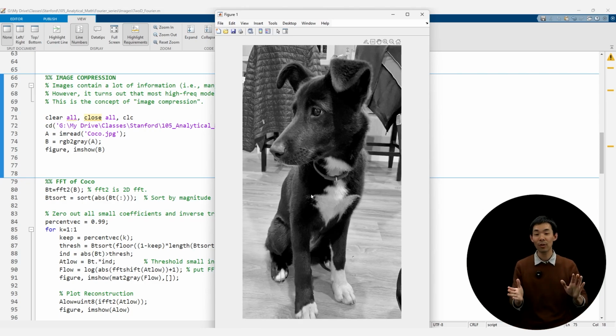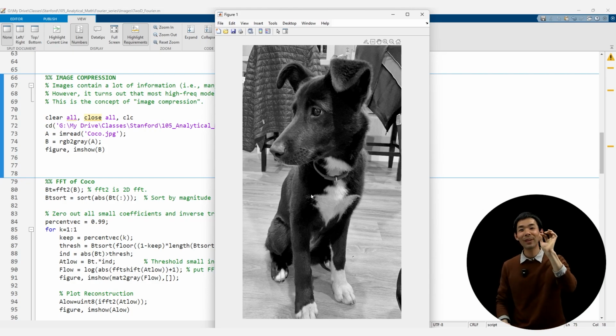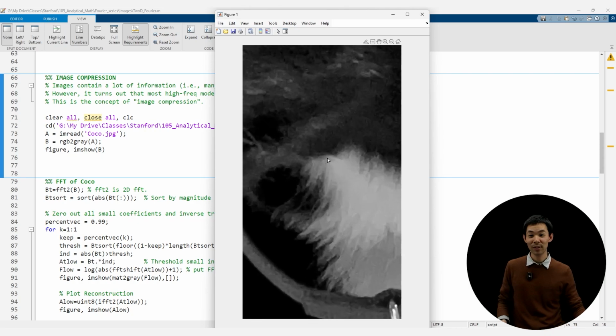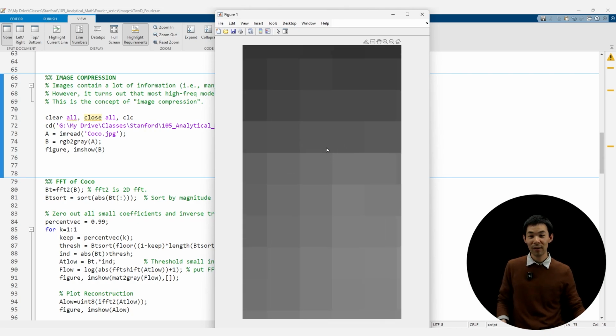So really, a picture is just a matrix, a 2D matrix of the size of the picture, with each entry in that matrix carrying a number. And for a picture like this, which is an 8-bit picture, each square can carry 2 to the 8 values. So that will be 256. So every element inside this matrix, a single pixel, will carry a value between 0 and 255 or 256, depending on where you start, if it's 0 or 1.